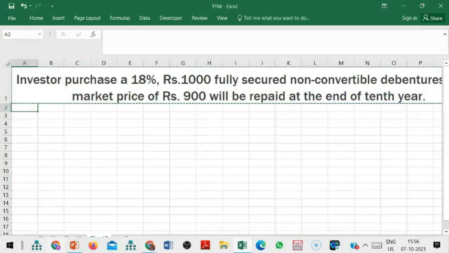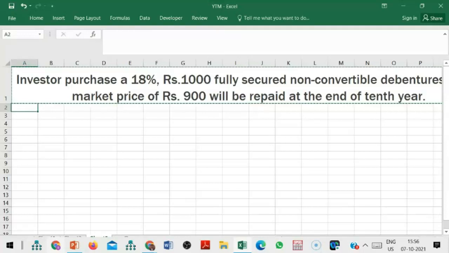When exactly the market price is equal to the present value of coupon payments plus terminal value together, that percentage is called the yield to maturity.